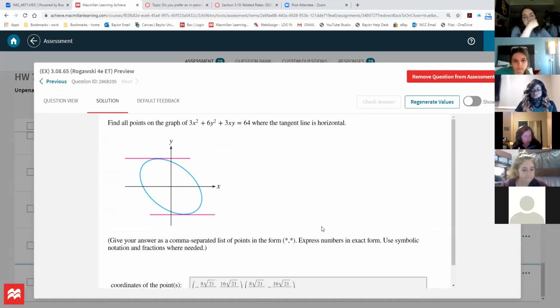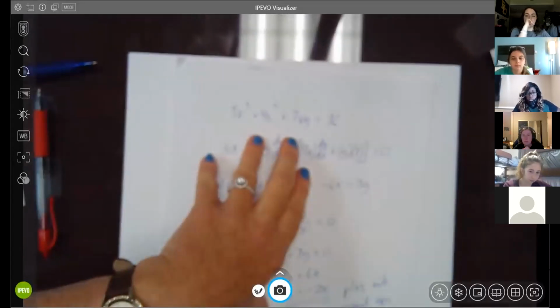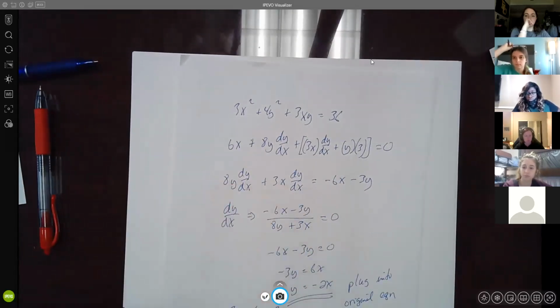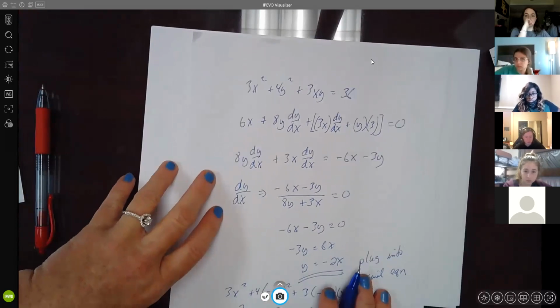That way I can just talk through it without recreating it. My handwriting is kind of messy. My problem again is going to look a little bit different from yours, but you'll get the idea of the process. Okay. Hopefully you guys can all see this here.